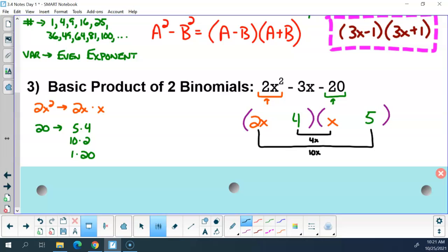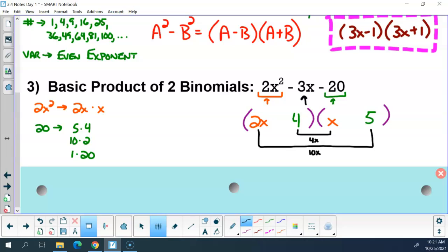Together, those two numbers, when I add them together, have to be that middle term. 4x plus 10x, or 4x minus 10x, either add or subtract them. Can I get 3x out of that? Out of 10 and 4? No, I can get 14, or I can get 6. So that doesn't work.